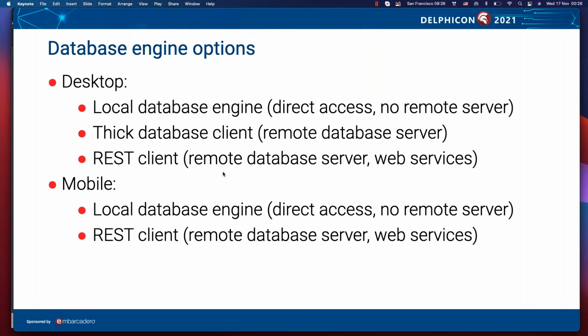If the data that you want to use in your application is fairly small, it doesn't take much space, and only you are going to access it, like a wallet application or personal data that only you use on your phone, then you can simply go with the local database engine option, and you can do a direct migration. But if you do need to gather data from a remote SQL server, your only choice is going with a REST client for now.